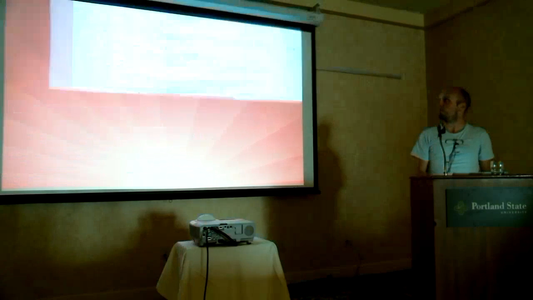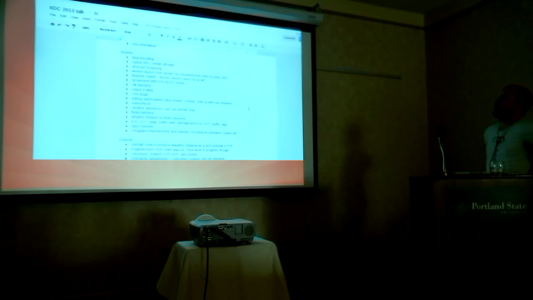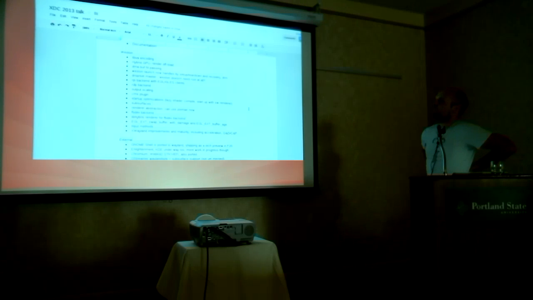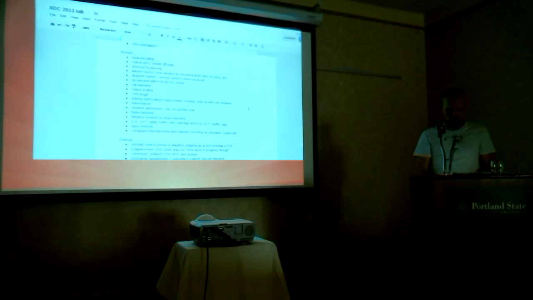Let's see, I have a big list here. I don't know if I want to put it up here, but this is basically what we've done for Western. One of the things that landed recently is libVA, which is an Intel library for accessing the hardware encoding functionality of Intel chips. Oh, we're going bigger. Well, I don't know.